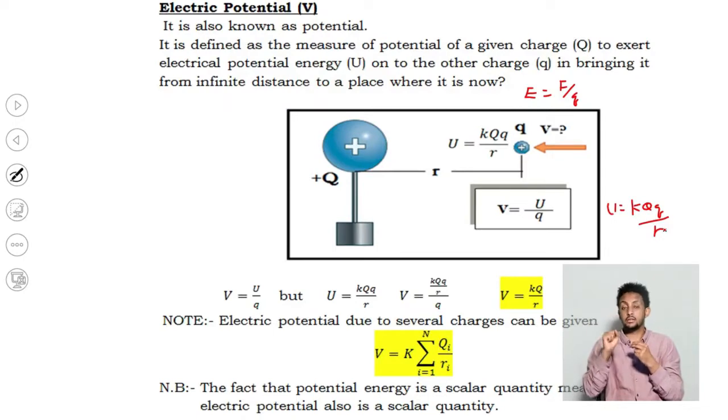If you have two or more charges, it's possible to find it as K times Q1 over R1 plus Q2 over R2 and so on. This gives the total potential due to several charges.